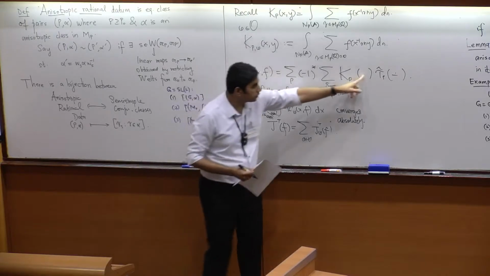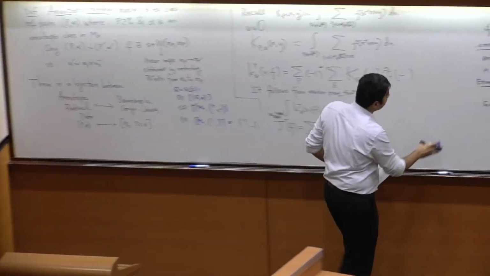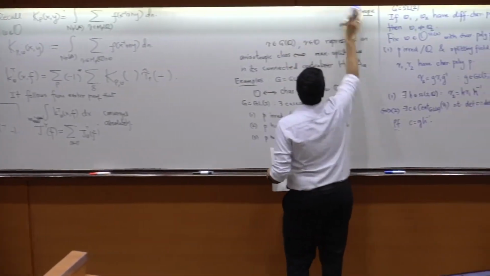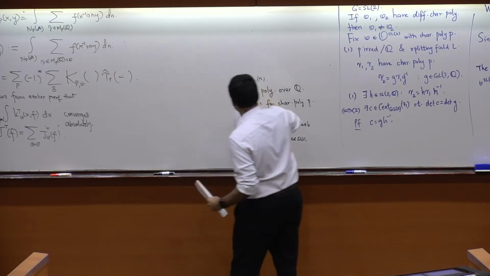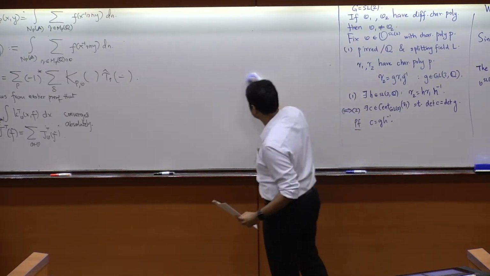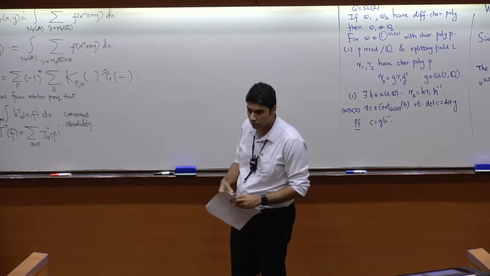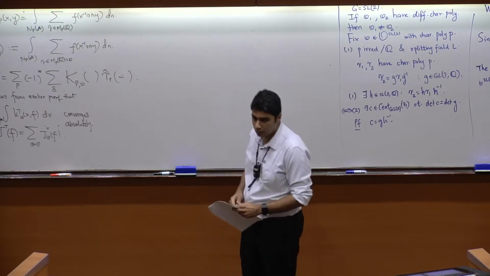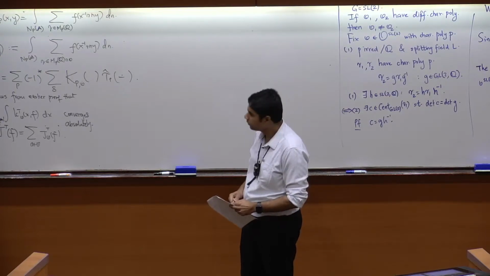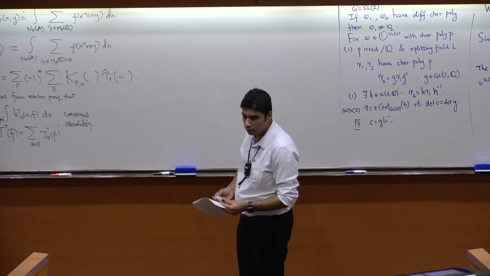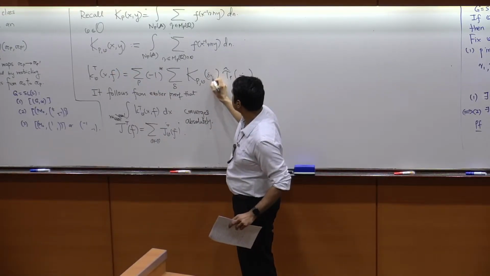There's an X here, which is the X here and so on. So there is an x here, x here. This is Kp x delta x delta x.